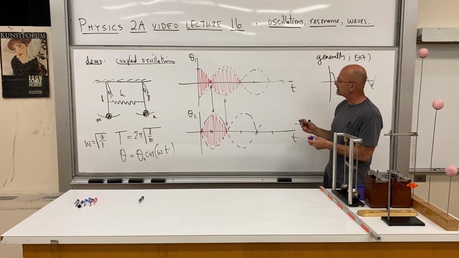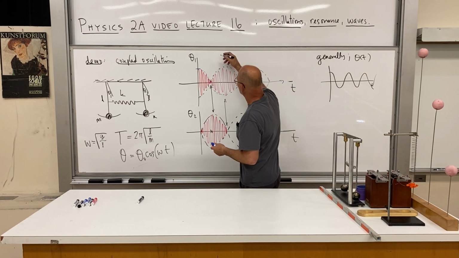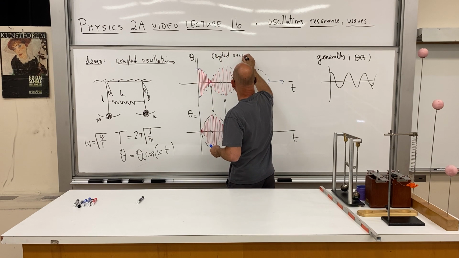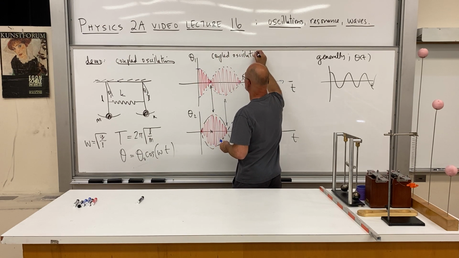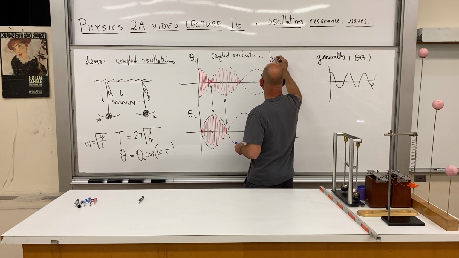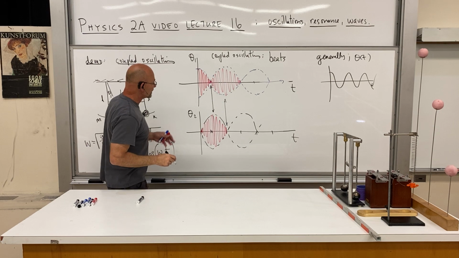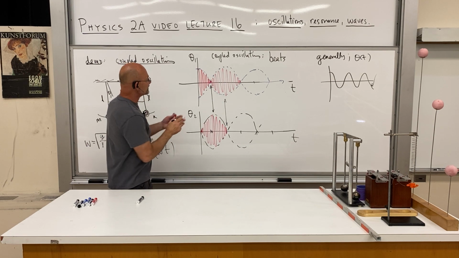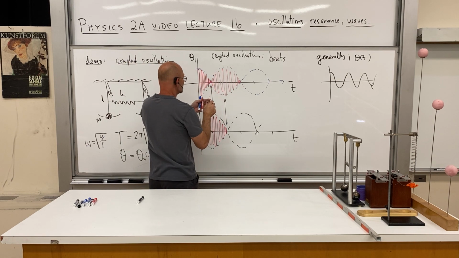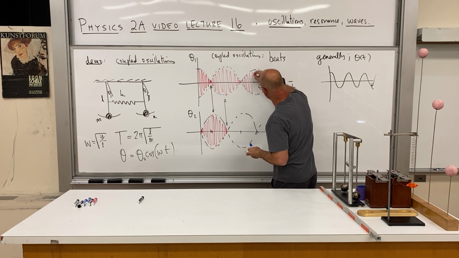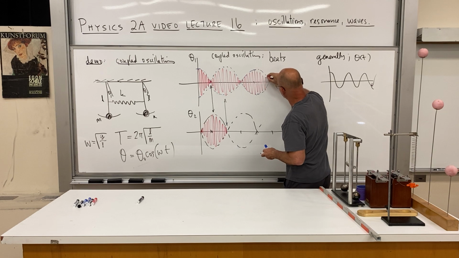So that's called beats. So let's call this coupled oscillations, beats. And so you'd ask, what is the period of the beats? Well, you can see it here. Let me continue the red one up here. You can draw these as much as you want now that you see the idea.